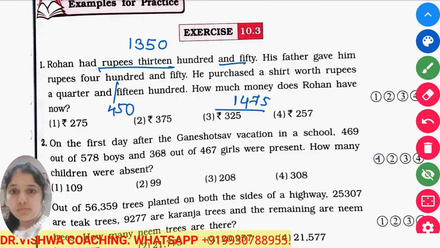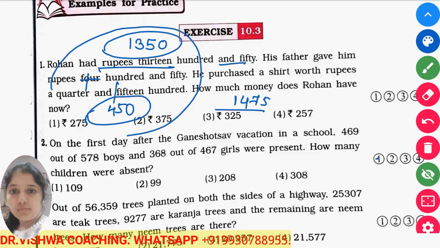Now what should you do? You have to first add this 1350 rupees and 450 rupees. So you will get to know how many rupees in all he has. Okay, so if we add this 1350 and this 450, you get the answer as 1800.